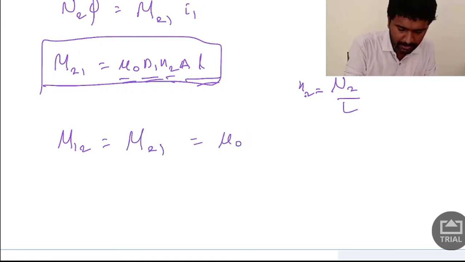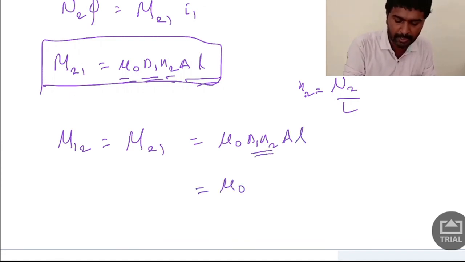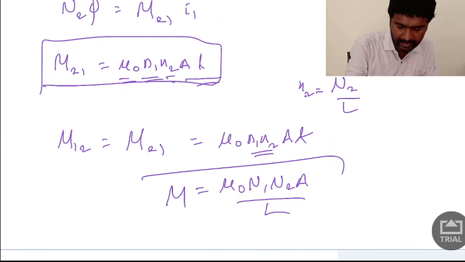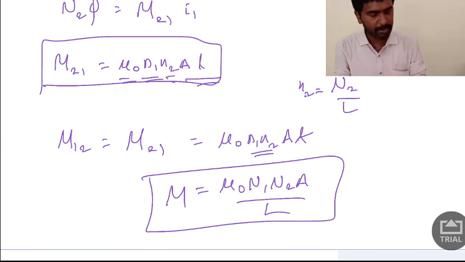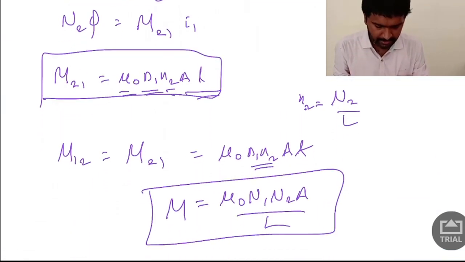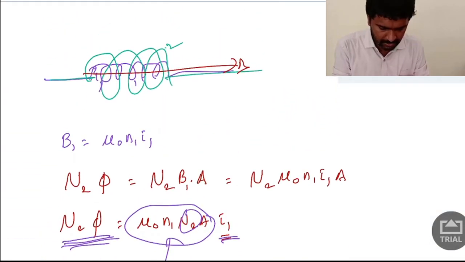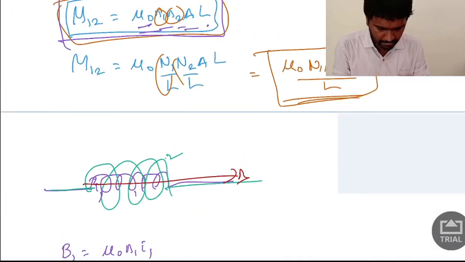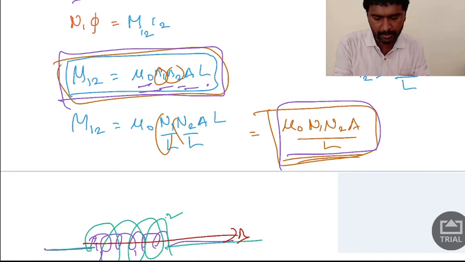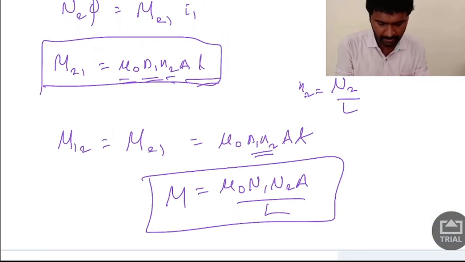That is mu 0 n1 n2 A L. You can also write n1 n2 as N1 N2 by L squared, and one L cancels, so you get A by L. Let's say that is the mutual inductance of the system. So that is mu 0 N1 N2 A by L. This is what I wrote here.